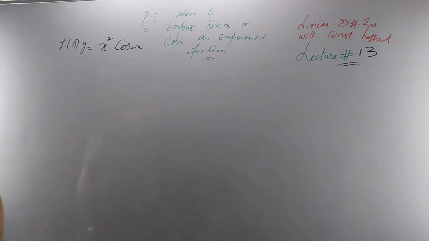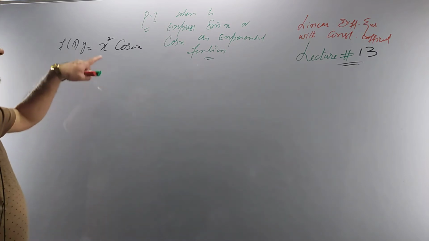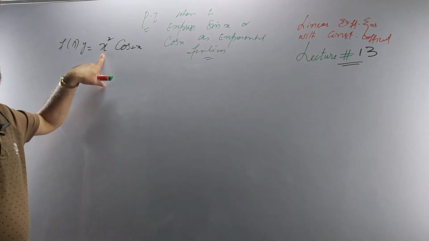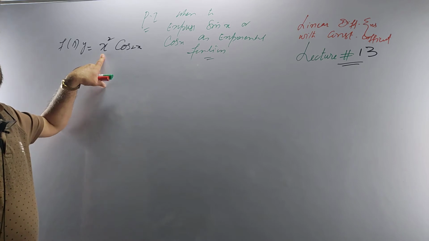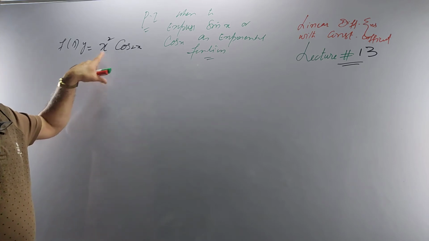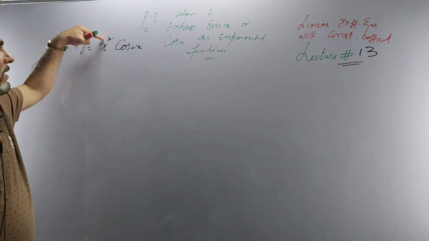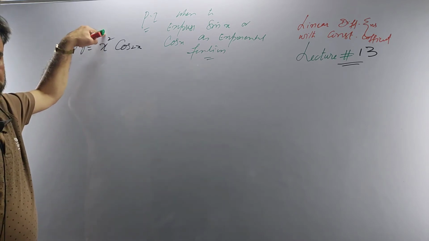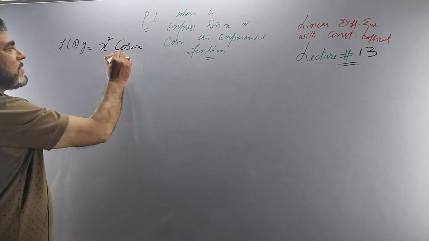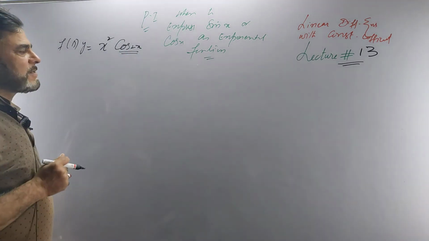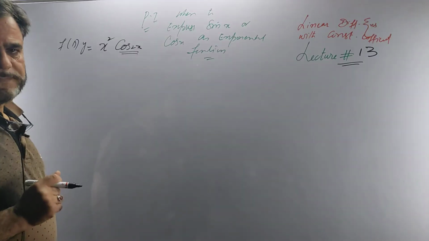I have already given you the method of how to find the particular integral when this independent variable is linear, that is the x v form. This is not the x v form here. This can be quadratic, this can be cubic. Now you can express this cos 2x as an exponential.